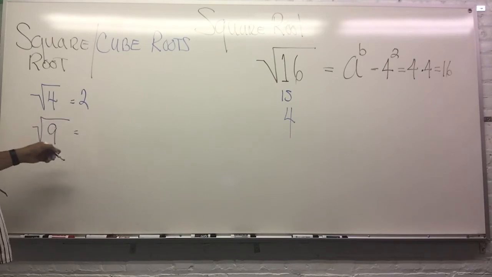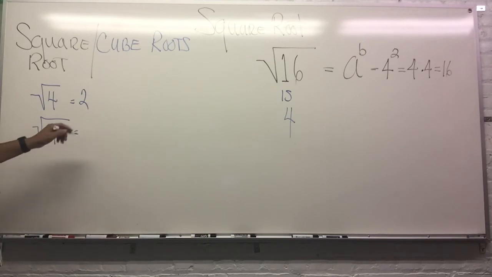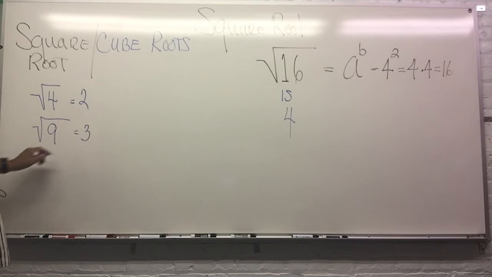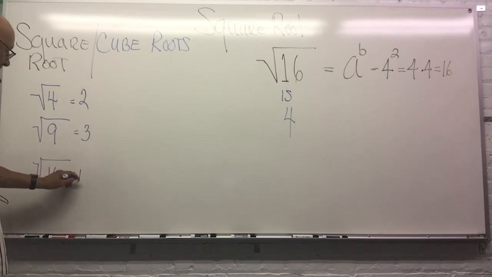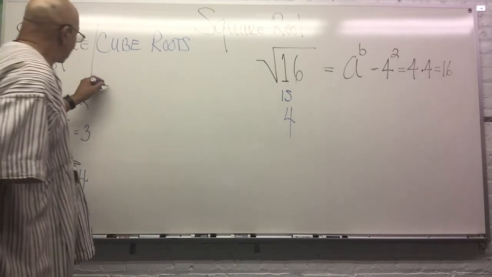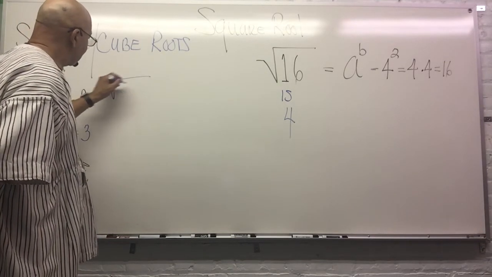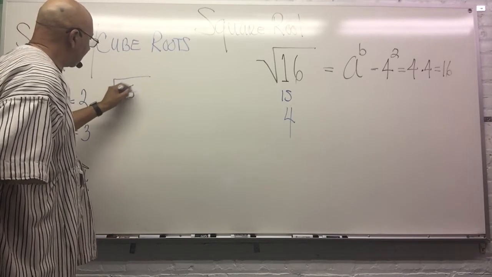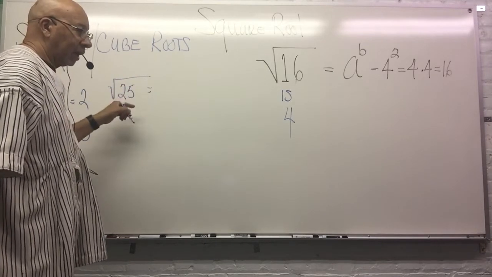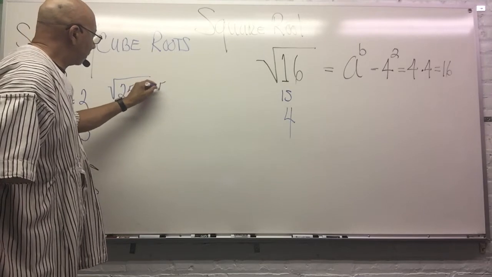What number times itself makes 9? You say 3 times 3 makes 9. 16 we know, right? We just did it over here. That's 4. So what is the square root of 25? You know that automatically. 5 times 5 is 25.